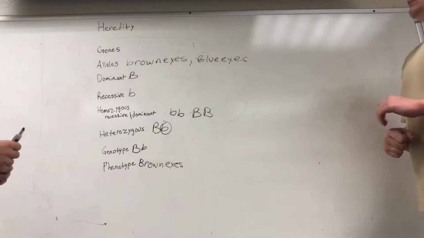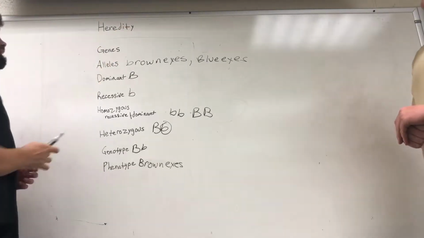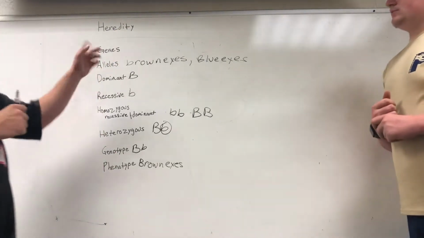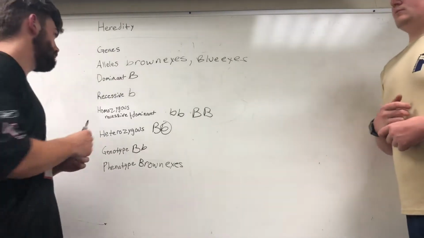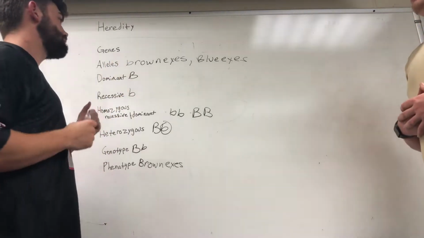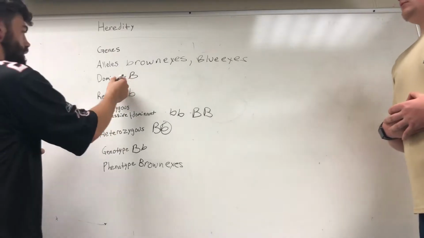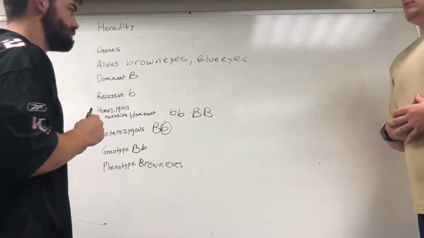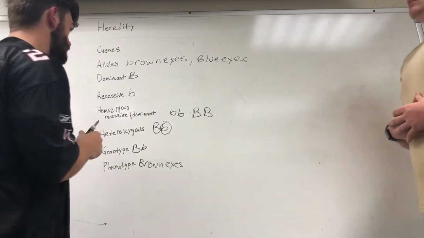So just to recap, heredity is the sum of all your genes and stuff that's passed down to you. Your genes are like your DNA makeup. The alleles are the specific traits, the representation of the traits that you may have, like brown eyes, blue eyes, short, tall, and plants and stuff like that.